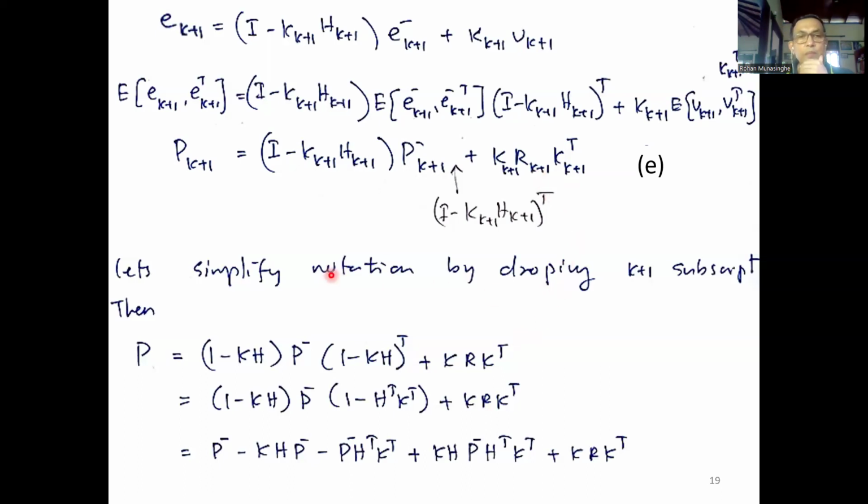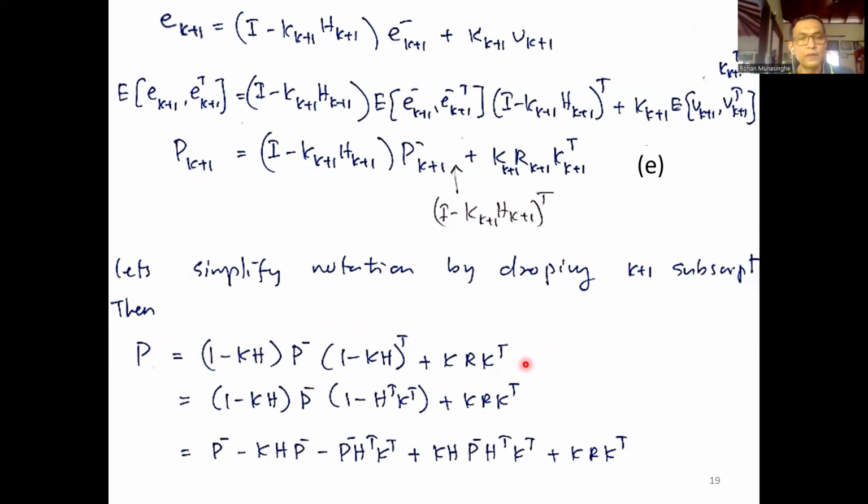Because this notation is a bit occluded by this subscript k plus 1, we know they are all k plus 1, so we get rid of that and write it down in a much simpler format like that. So this equation over here is exactly this equation E, without the k plus 1 subscript. So it makes us feel better.